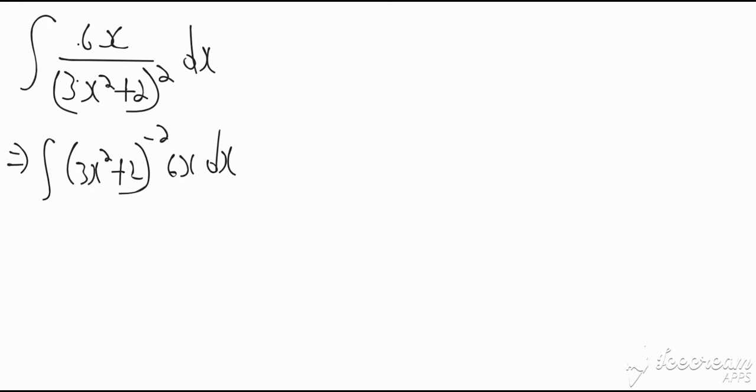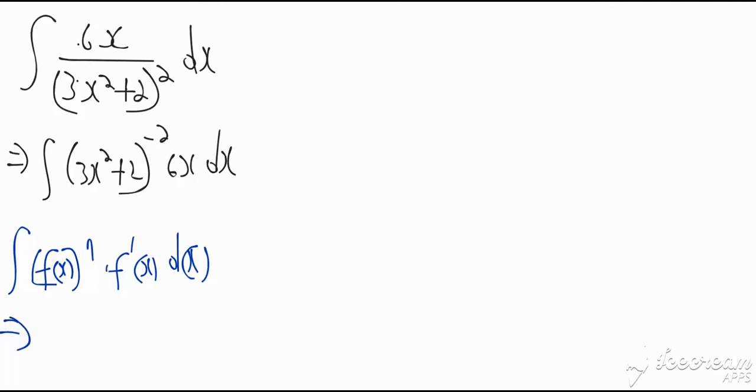Now, before we go into applying recognition, let us recall what recognition says. So we have it that the integral of f of x to the n times f prime of x dx would actually give me f of x to the n plus 1 over n plus 1 plus c.